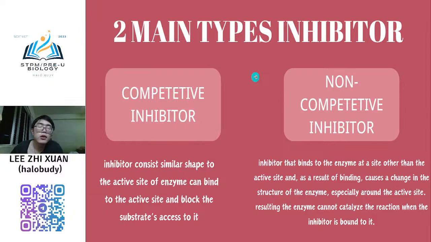In our syllabus there are two main types of inhibitor: competitive inhibitor and non-competitive inhibitor. There is another one we call uncompetitive inhibitor, but this one is not in the STPM syllabus. It is not mentioned, so you don't need to learn it. You just learn these two types only. So what are competitive and non-competitive?